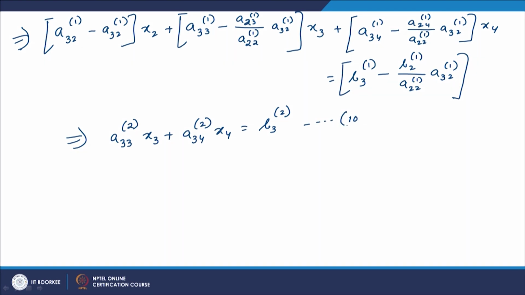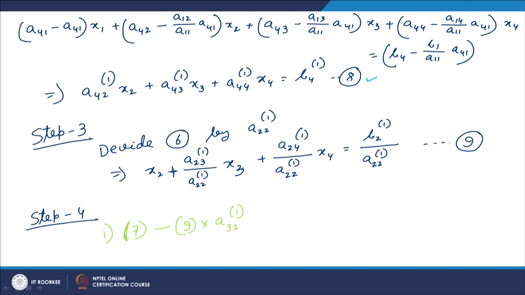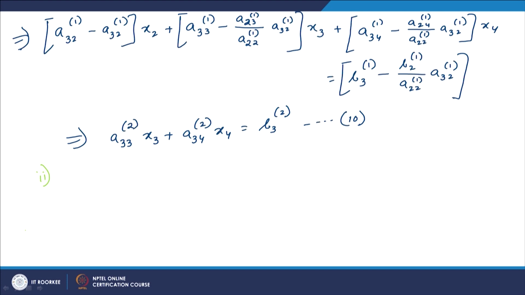Then in part 2 of this step, what we do is equation 8 minus 9 into A421.